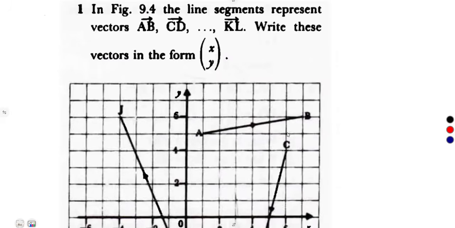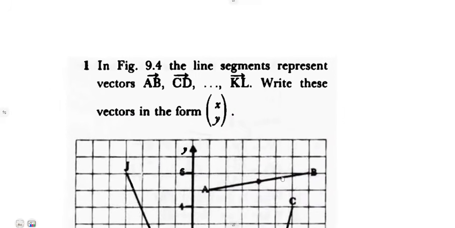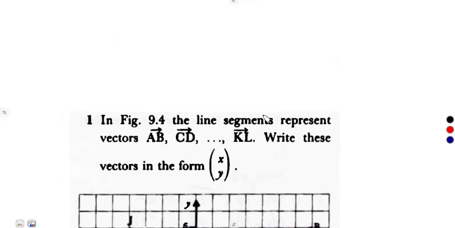From our Form 3 mathematics, like I said, we are going to consider what we refer to as a translation vector. We have 2 things to consider.